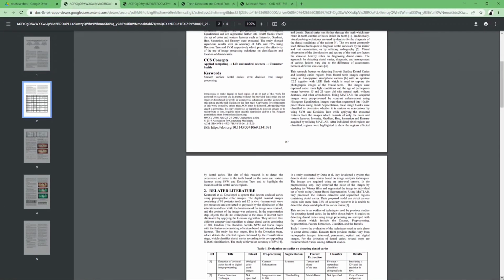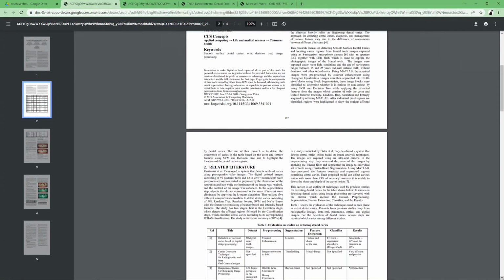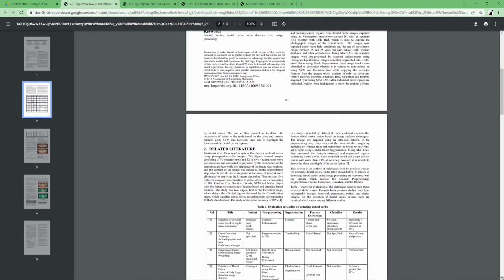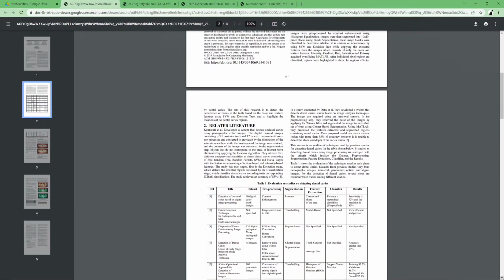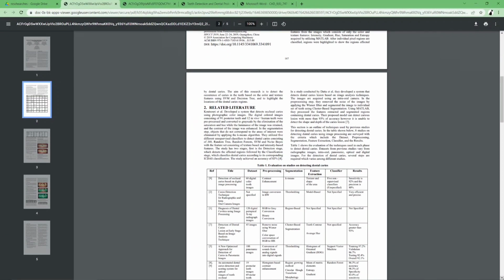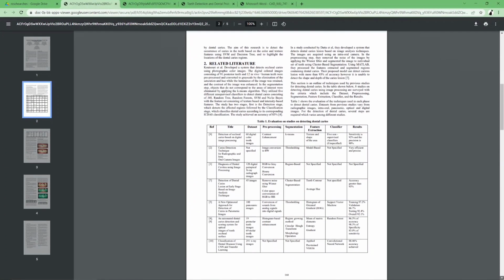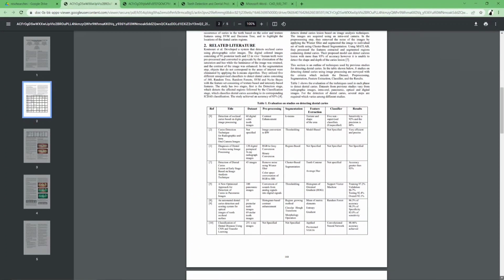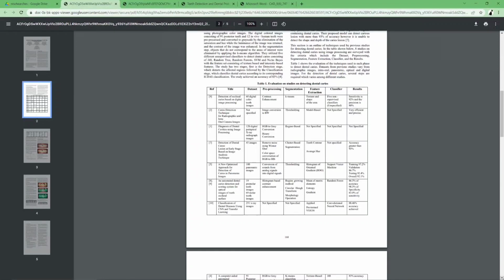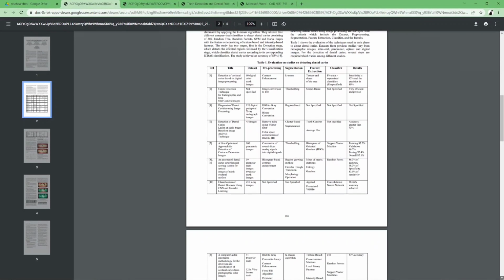They have used MATLAB in order to classify and identify dental caries with two types of classifiers, being SVM and the decision tree method.